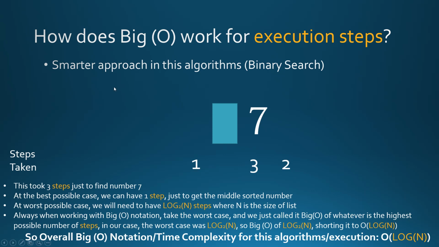So overall, the big O notation or time complexity for that algorithm is O(log n). That's way better than the previous algorithm, which iterates over the whole size of the array. That's much better. And this is how we can measure the performance of the execution steps as big O notation, or time complexity, if you would like to call it that.